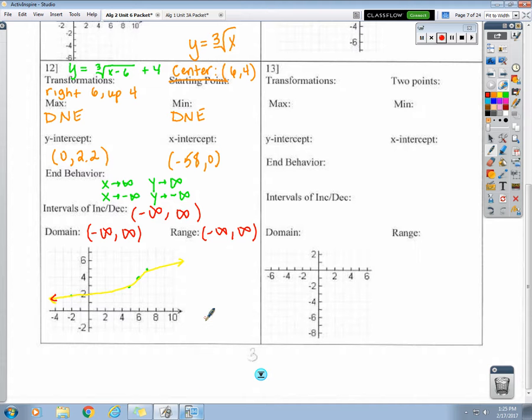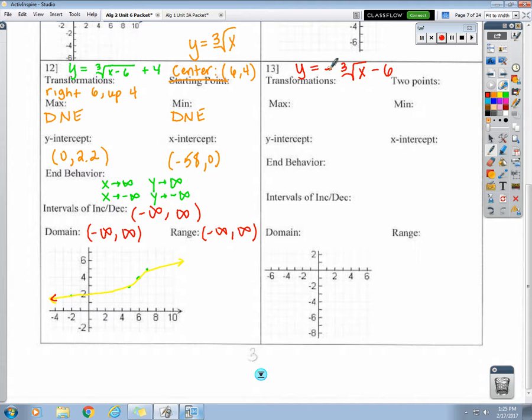Okay, number 13. Y equals negative cube root of x minus 6. Okay, so comparing that to our parent function of a cube root, what all is different about this equation?